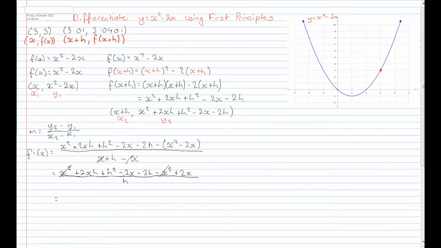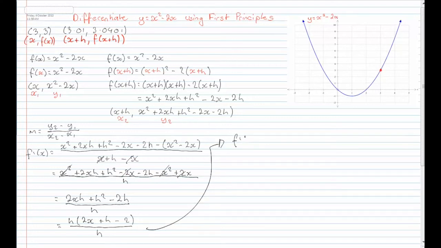You've also got a negative 2x and a positive 2x, so they cancel out. So you end up with 2xh plus h squared minus 2h on the top over h. Now, these h's can come out as a common factor because they're all in there. So you end up with h bracket 2x plus h minus 2 over h.